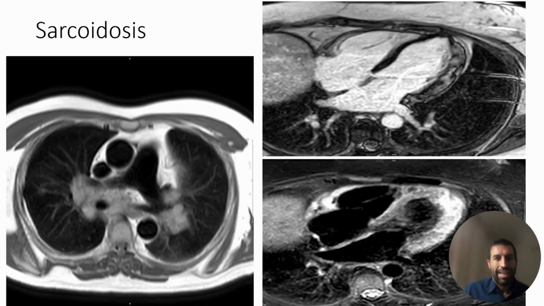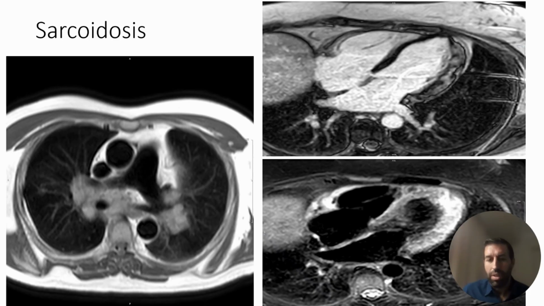Diagnosis of sarcoidosis is very challenging, and for this reason, we cannot be definitely sure without finally a biopsy. At the CMR, sarcoidosis can mimic other conditions like myocarditis. However, it gives us very good information.